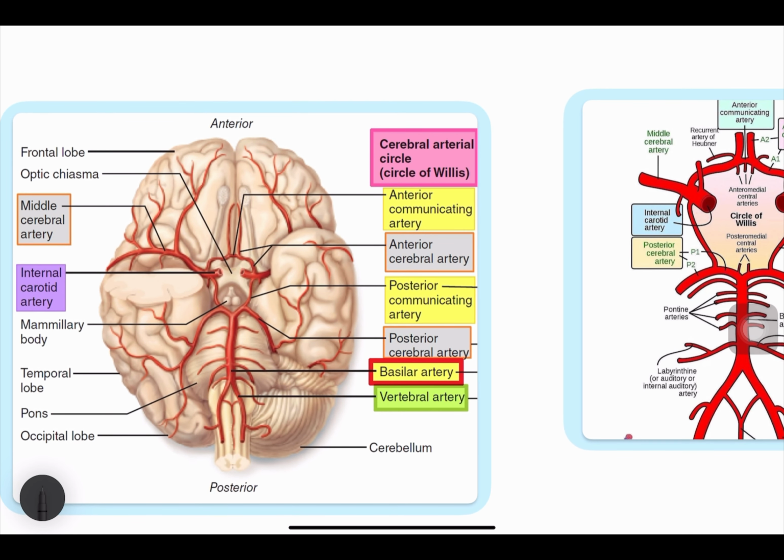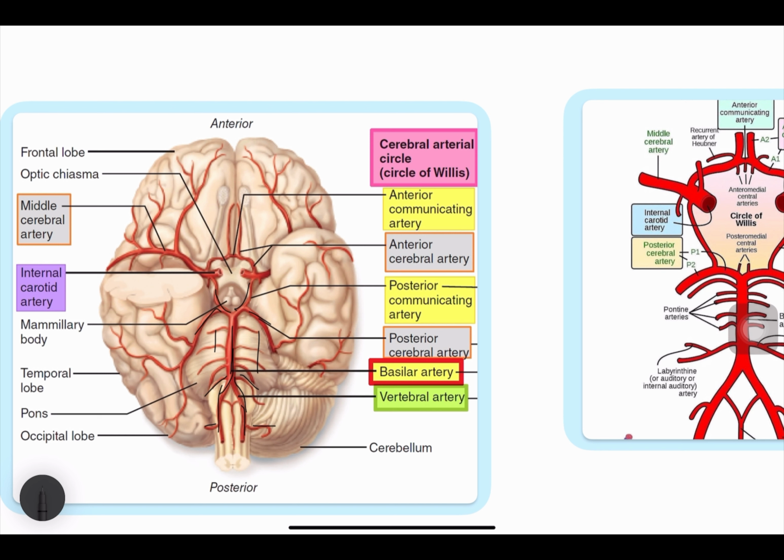So here we can identify almost all the arteries. The vertebral arteries fuse and form the basilar artery. The basilar artery gives off branches like the posterior cerebral artery, pontine arteries, anterior inferior cerebellar artery, posterior inferior cerebellar arteries, and the posterior communicating artery.